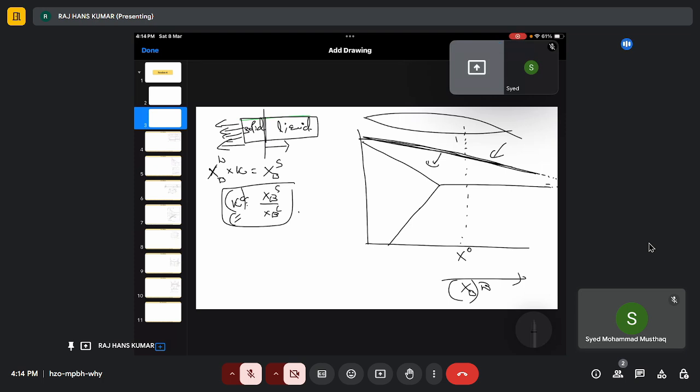Now, the next step will be the assumptions. What are the assumptions? See, solid has its own atoms, right? And they have a diffusion coefficient, right? Now, next one, liquid has its own atomic configuration, which is random.